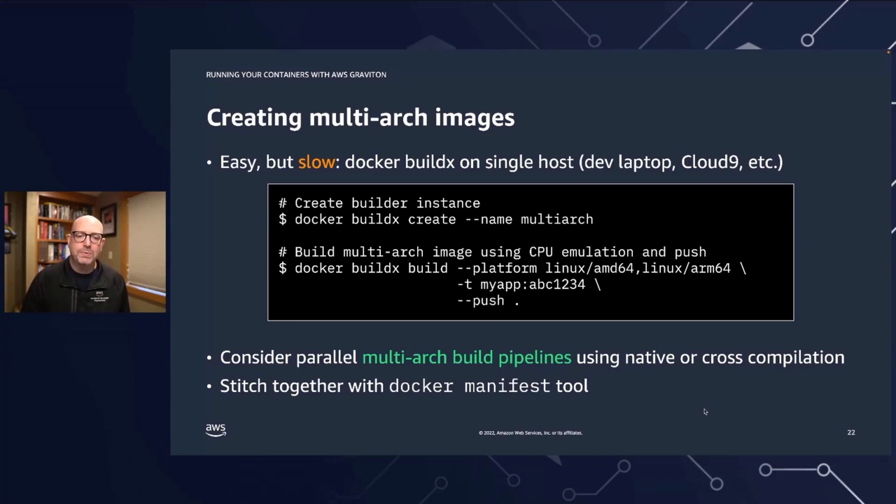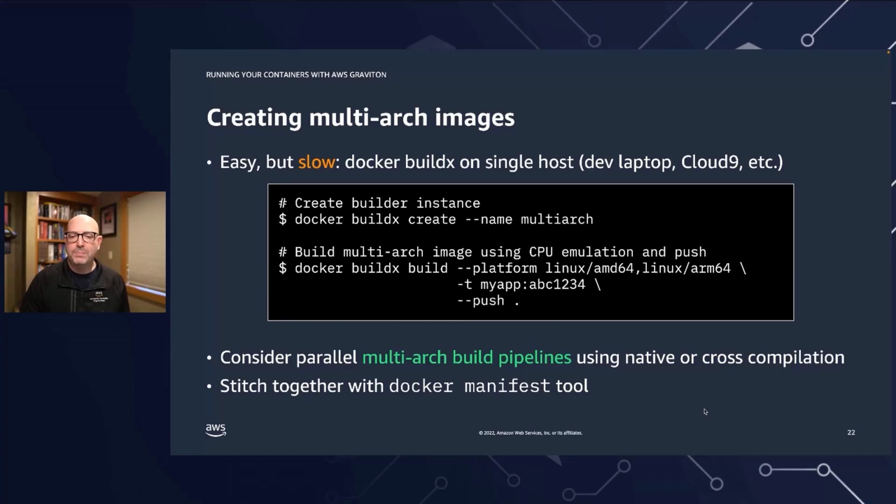Docker buildx build will do software emulation if the platform target is different than your host, and it will run natively if the build architecture is the same as the host. So if I were running this on my Mac M1 here, it would build my ARM64 image natively, but then use software emulation to emulate the Intel or x86 processor. And vice versa if I were running it on a Windows machine running Intel.